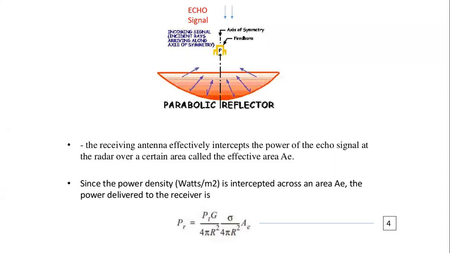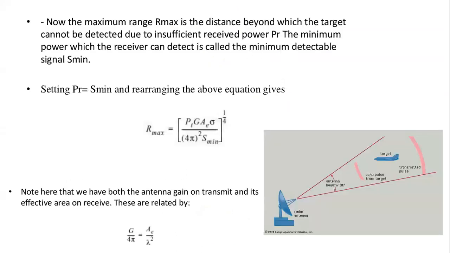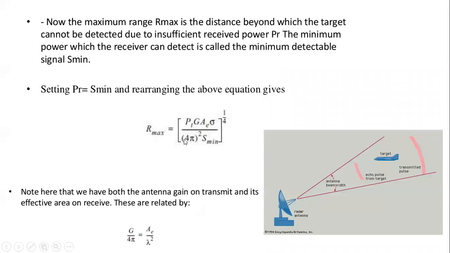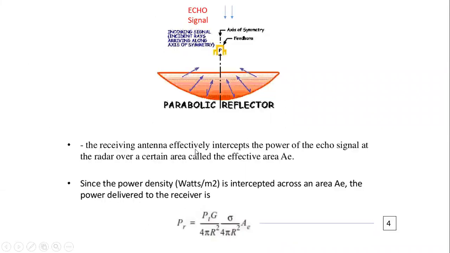Now we are just rearranging in such a way that r to the power of 4 goes where PR was there, and PR has come down to the denominator. So with that, this equation has come up where this r to the power of 4. Now you can compare here. This 4 pi whole square was there. It has come down as 4 pi r square.